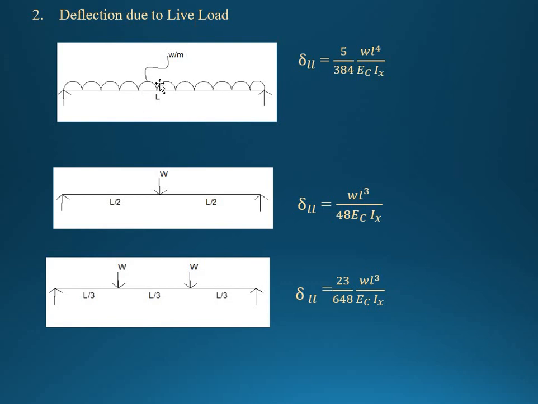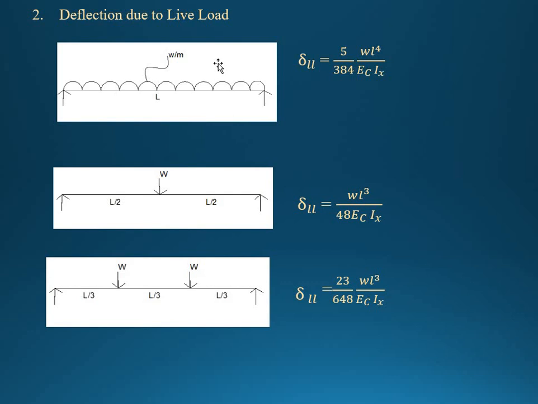Under that, again I have considered many cases. The first one is a simply supported beam carrying a UDL having a length of L and magnitude W per meter. Here one thing: I have used notation W for live load, but few people will represent it as WQ. Anything is fine.